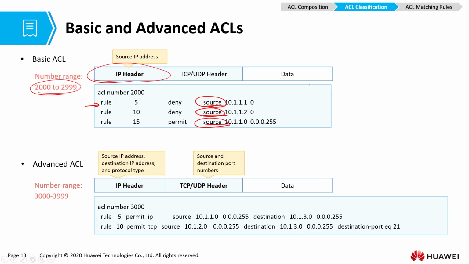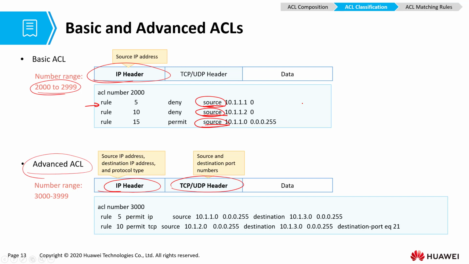Those are basic ACLs. Advanced ACLs, on the other hand, use both the IP header and the layer 4 header, TCP UDP header, to identify traffic. An advanced ACL can be matched based on elements like the source IP address, the destination IP address, the protocol type, the TCP or UDP source and destination port numbers in an IP packet.